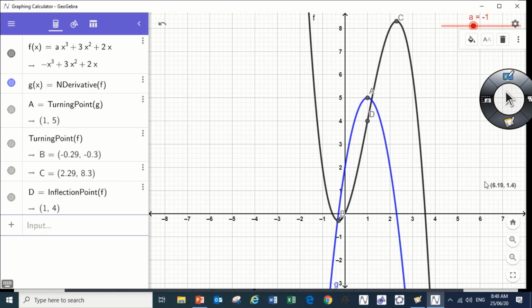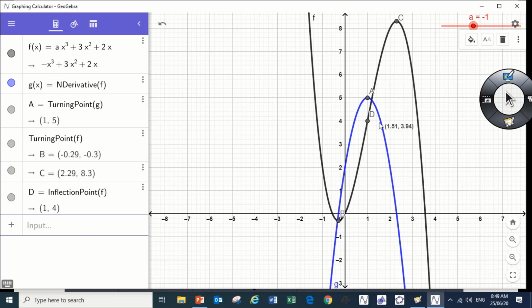What I'm telling you now is probably not in some textbooks. So, when the quadratic or the first derivative of a cubic function is an increasing function, the cubic graph will be concave up. When the first derivative is a decreasing function, the cubic graph will be concave down. Okay?